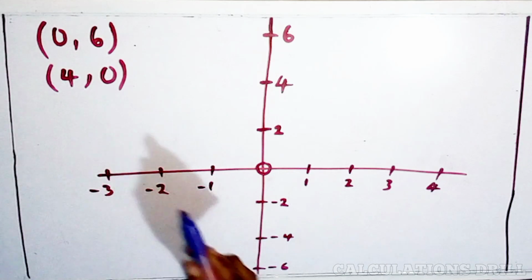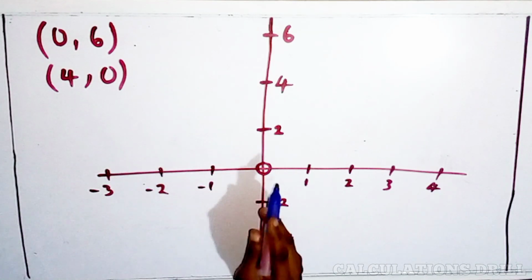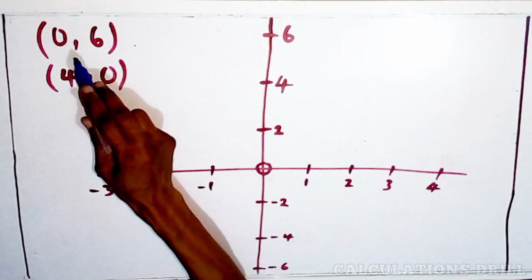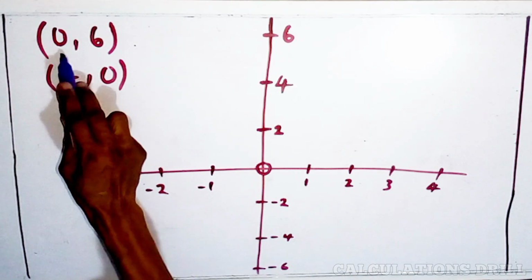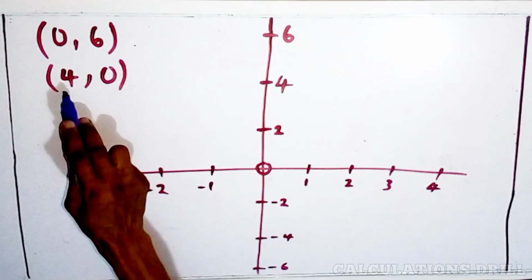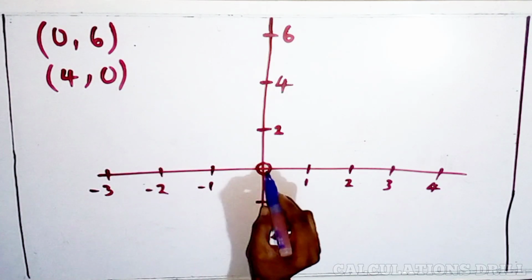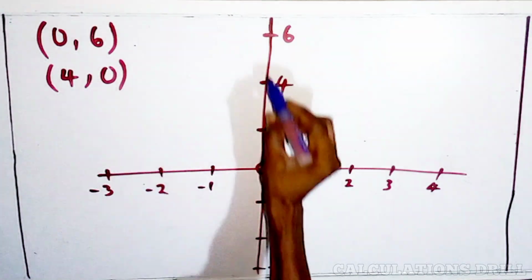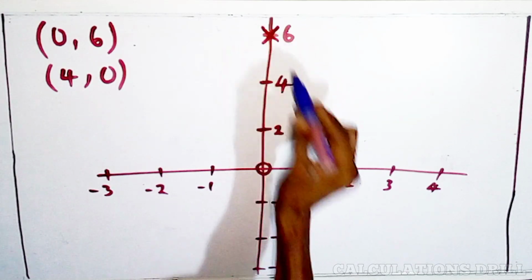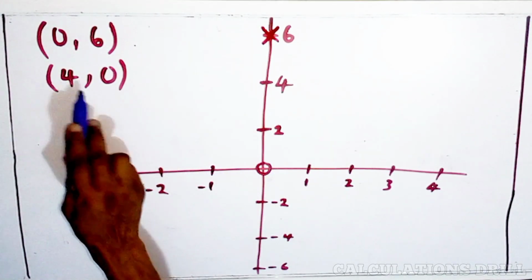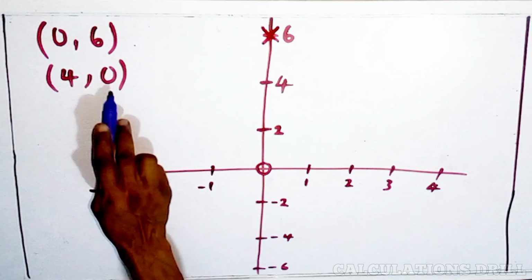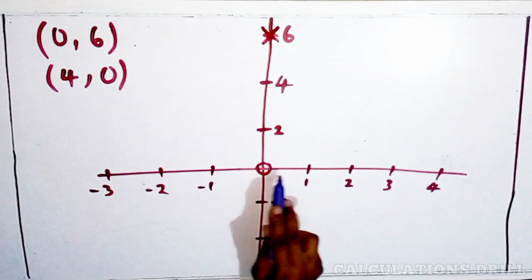So x comes first. When x is 0, then y is 6. That is the point where they are going to meet. Then the second coordinates, when x is 4, y is 0.